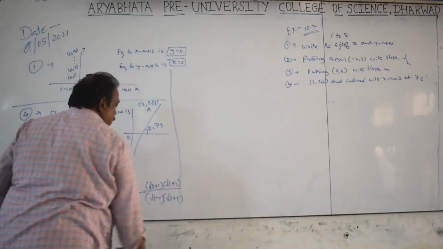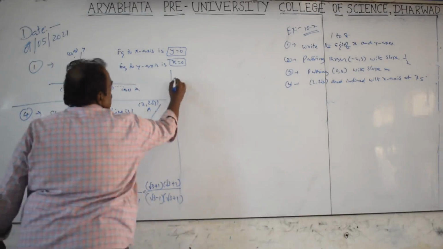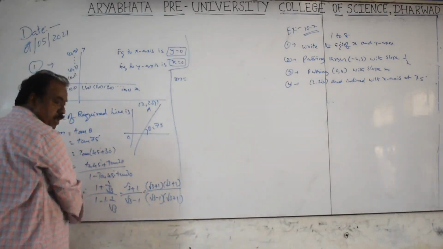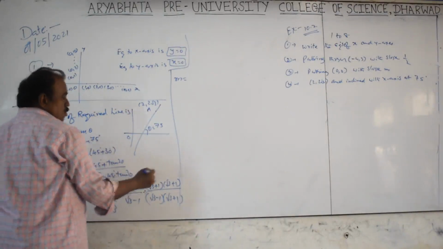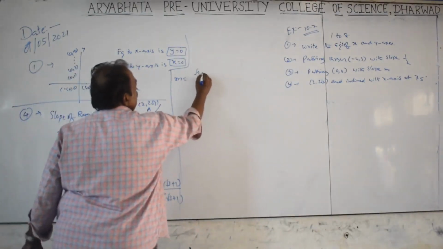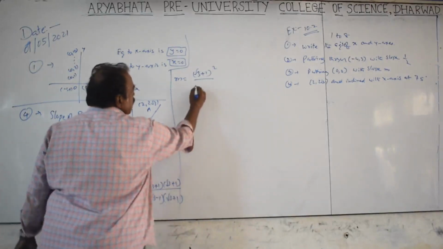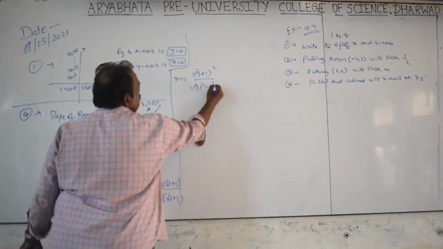You see, the slope m is equal to (root 3 plus 1) whole square by (a minus b)(a plus b), which is a square minus b square.